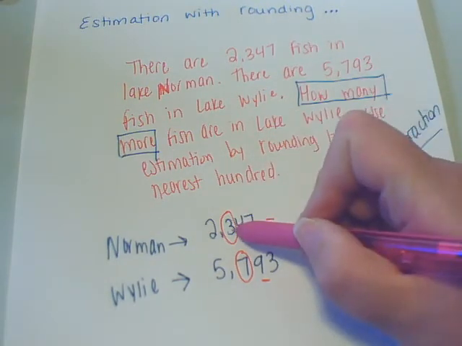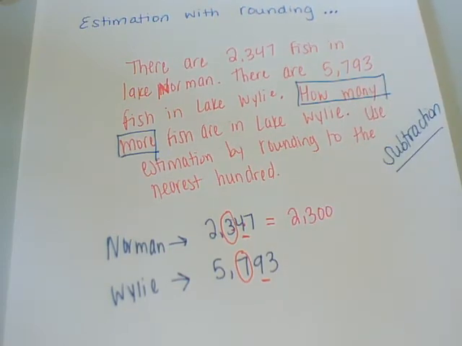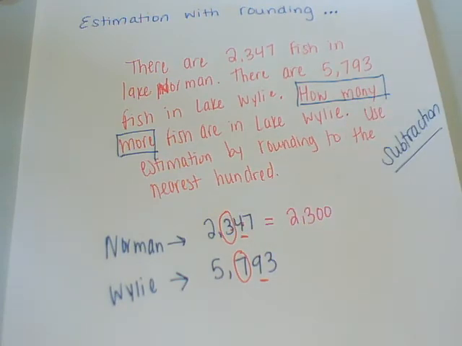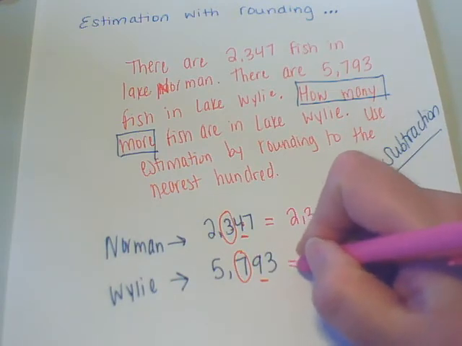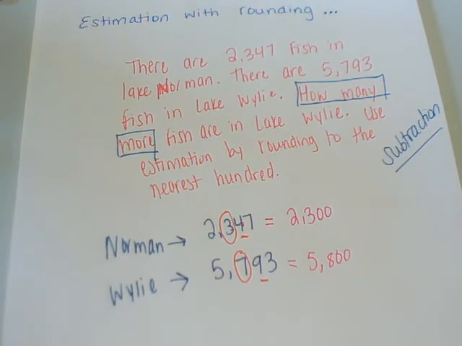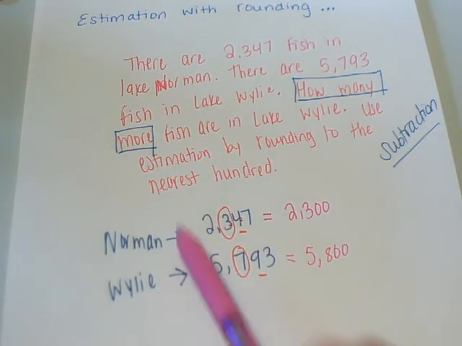So if I round that to the nearest 100, I'm actually going to get 2,300 because that 4 did not make that 3 go up. Well, if I look down here, I have a 9. That 9 is a 5 or higher. So that 9 is going to change that 7 into an 8. So really, I'm going to get 5,800.